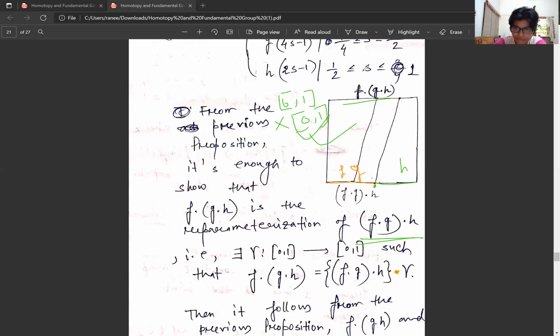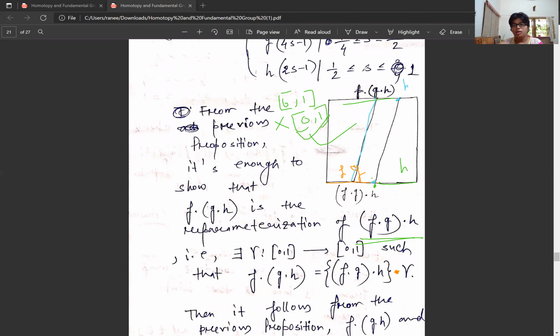So these 2 points will be related, and it will be kind of sliding over time. At first I have this, and at the end of my homotopy I will want this. So automatically these 2 points are related through a straight line. It means that at t equal to 0 I was here, and at t equal to 1 I'll be there. So this is just a sliding. This means the reparameterization.